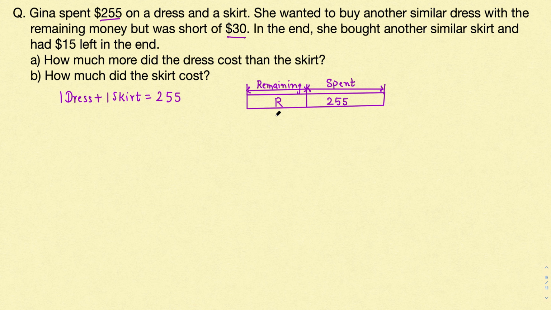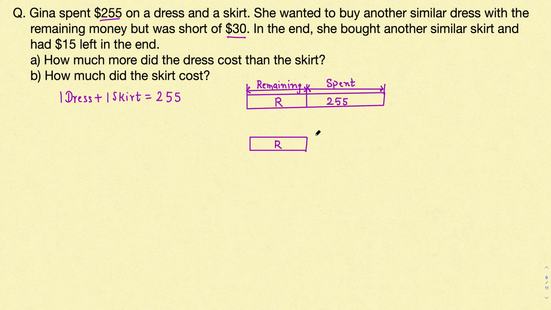So let's draw the remaining part of the money, because that's what she's left with. So let's say this is the remaining part of her money. See, it's same. So this is the remaining part, right? Now she couldn't buy the dress because she was short of $30, right?